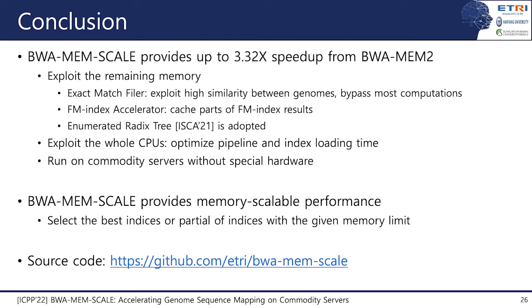BWA-MEM-SCALE can run on commodity servers and does not require any special hardware. In addition, BWA-MEM-SCALE provides memory scalable performance for genome sequence mapping. It selects the best indices or partial indices with the given memory limit, and optimizes the overall performance with the given memory limit. Our implementation is publicly available on the following site.